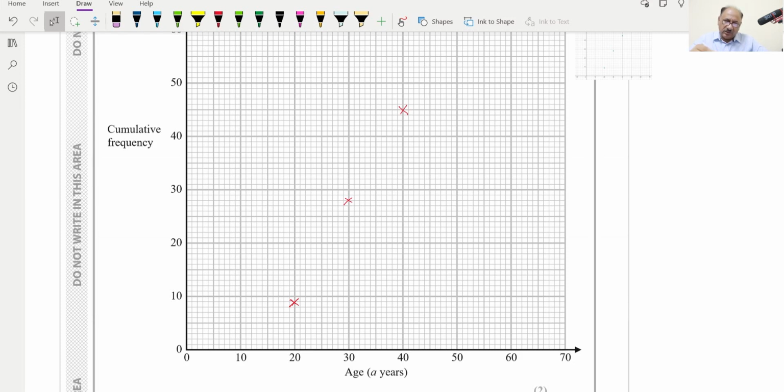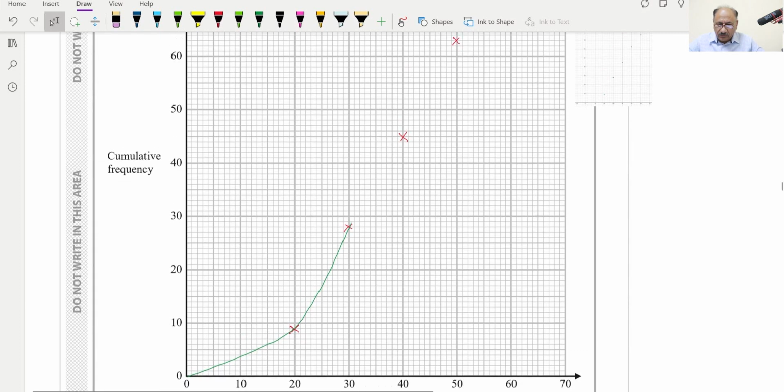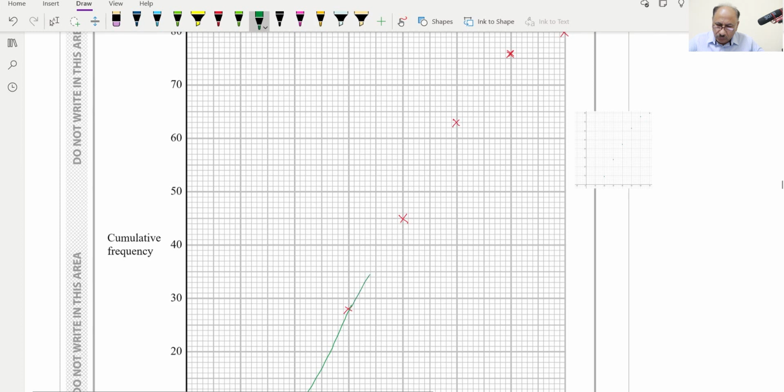We have to draw the cumulative frequency curve, and for that we will try to draw a smooth curve like this one, passing through this point as well.